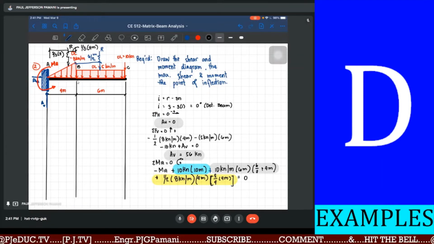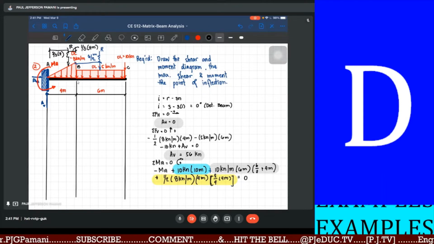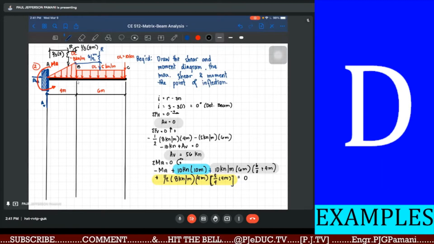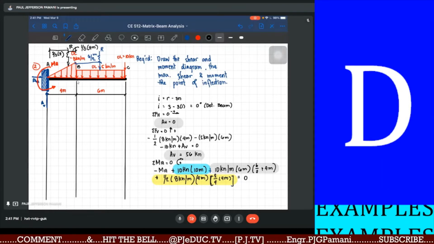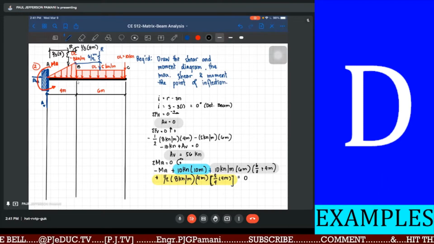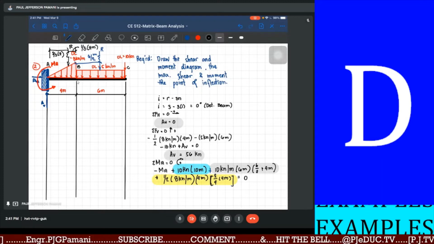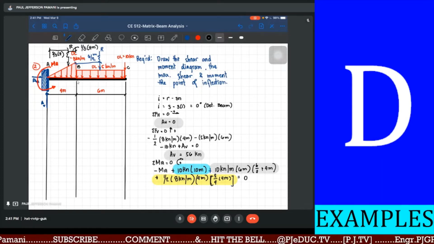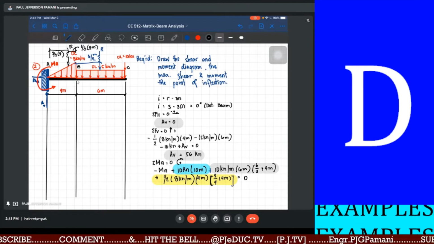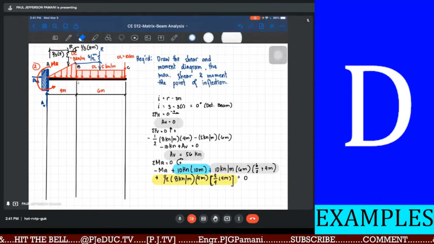Kaya na mag-simplify, 10 times 10 plus 10 times 6 times 3 plus 4, 7. Tama ba? 3 plus 4, 7 plus 1 half of 8 times 4 times 2/3 of 4 meters. That's supposed to be 2/3.